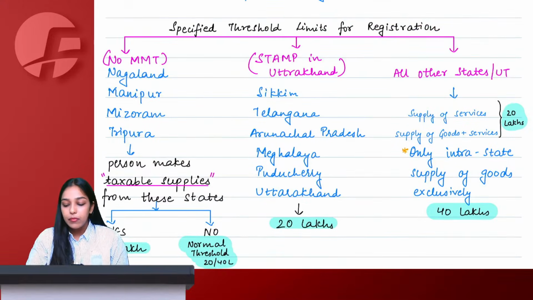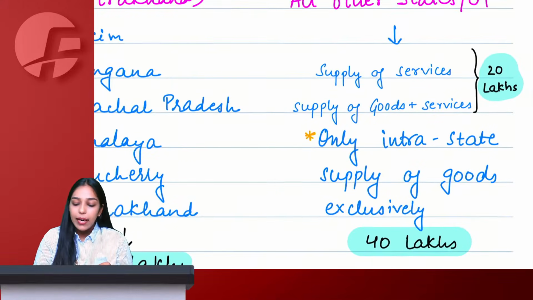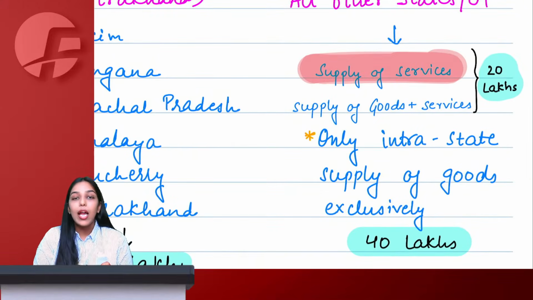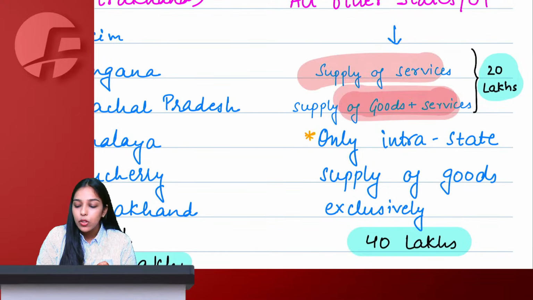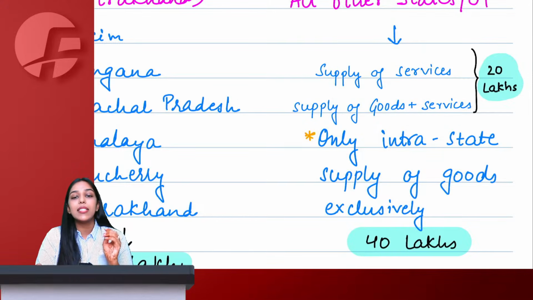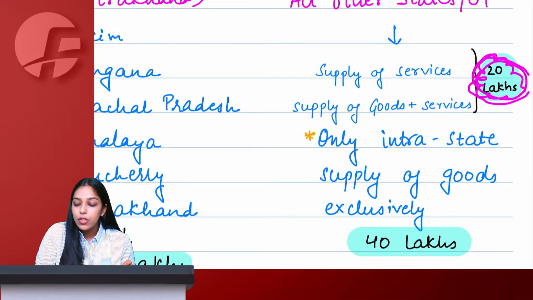If I am making supplies from all these other states and I am a supplier of service, or I am supplying services along with goods, whatever it is, even if I am supplying the slightest of services, my aggregate turnover limit is going to be 20 lakh.